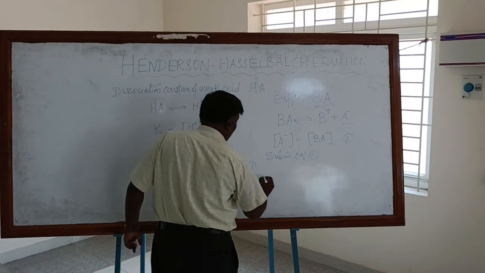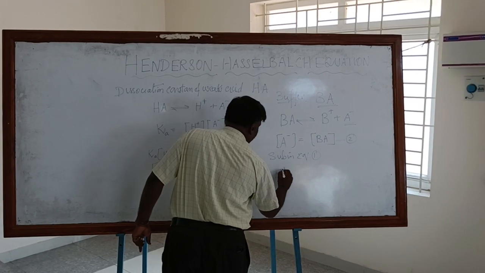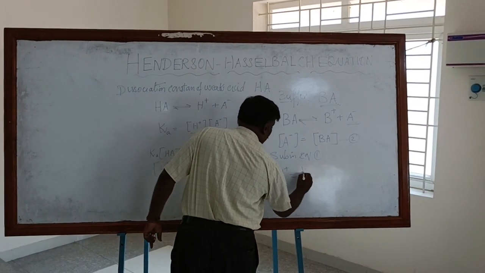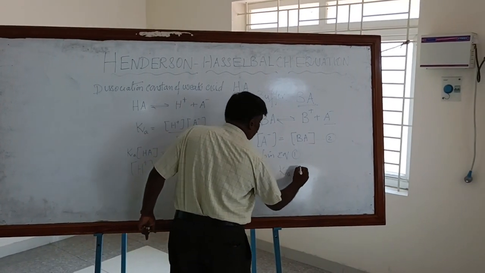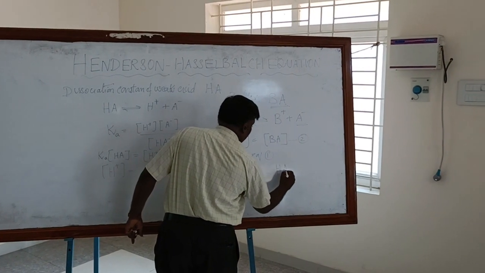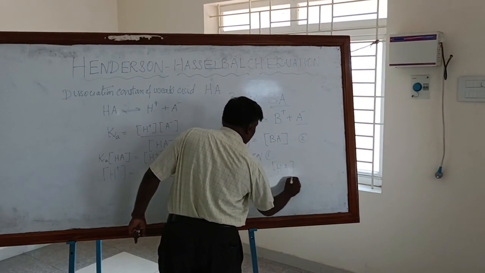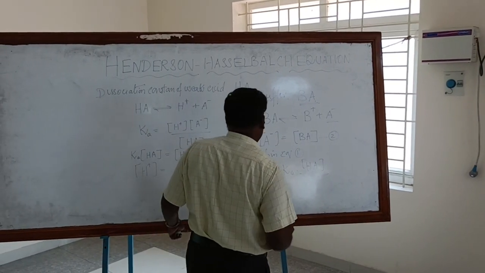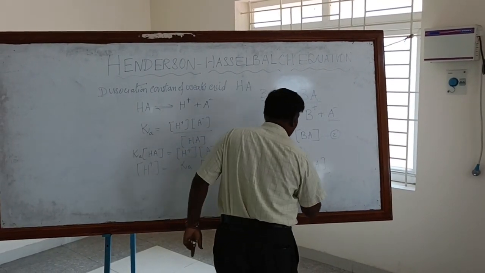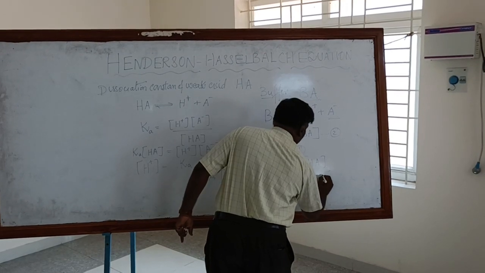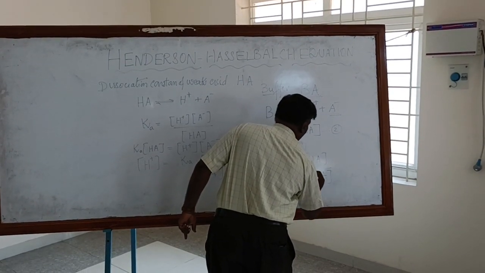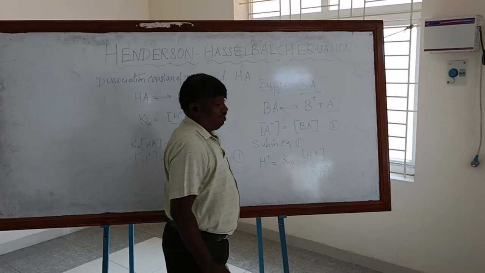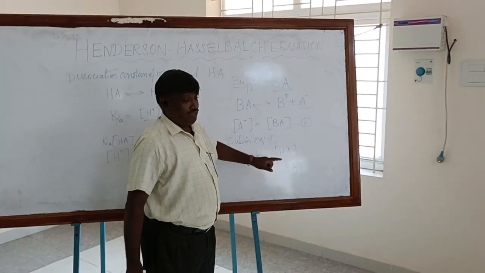So we already have H plus is equal to Ka into HA concentration divided by A minus. So in the place of A minus, I can use BA. BA is nothing but the salt of HA.